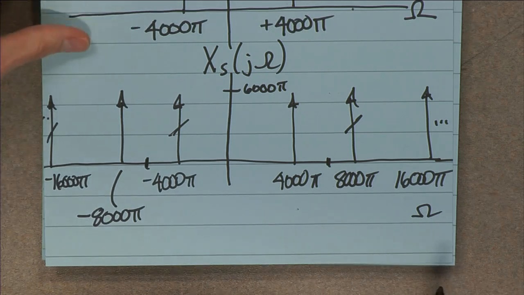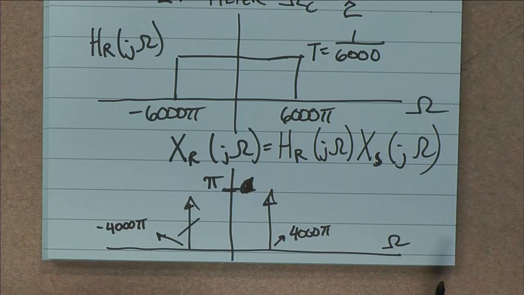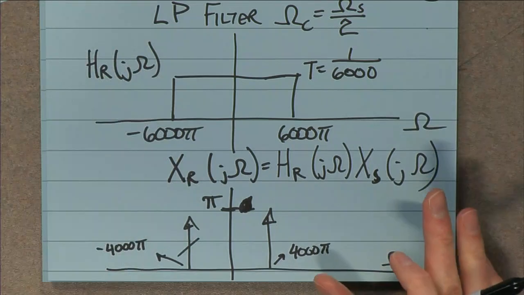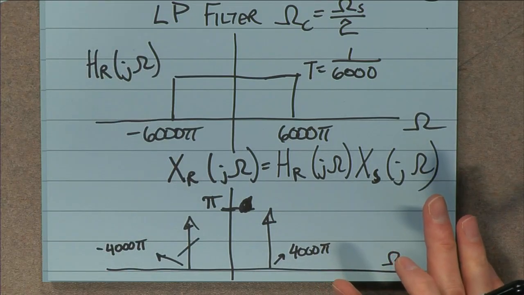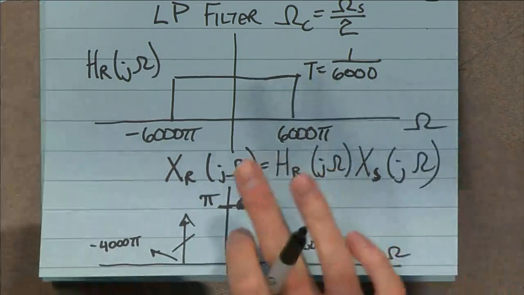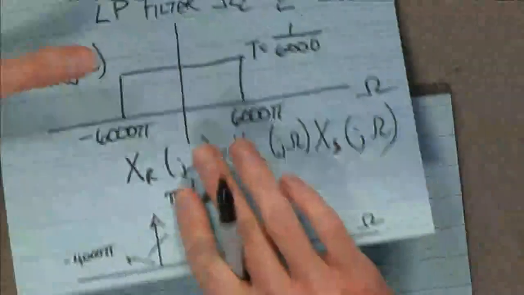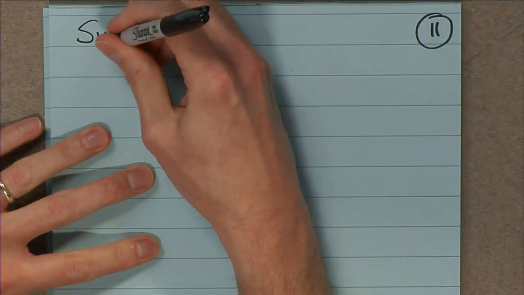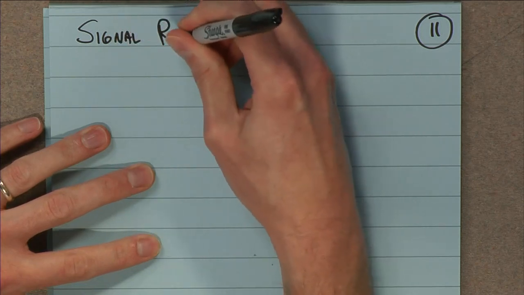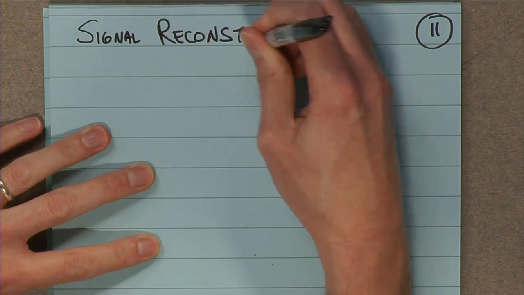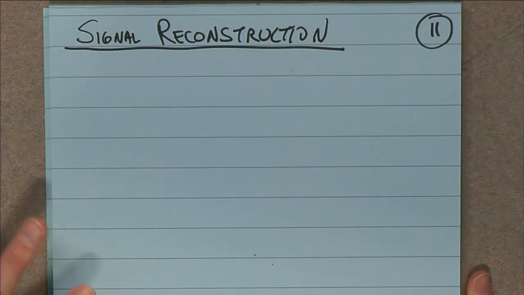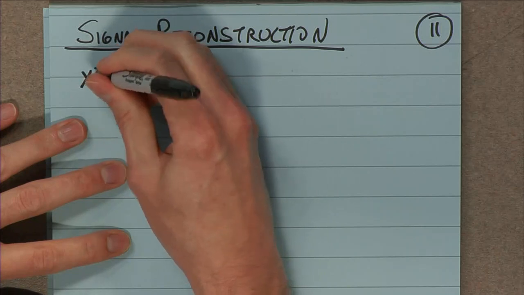That's a good segue because we want to dig into this reconstruction a little bit more and talk about how that's done and what these filters look like. So with that, let's move on to that topic, reconstruction. Here we're given some discrete time signal.